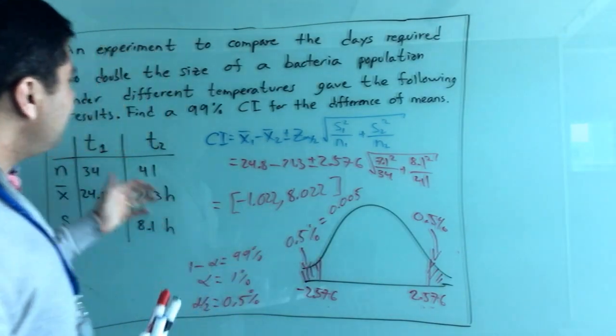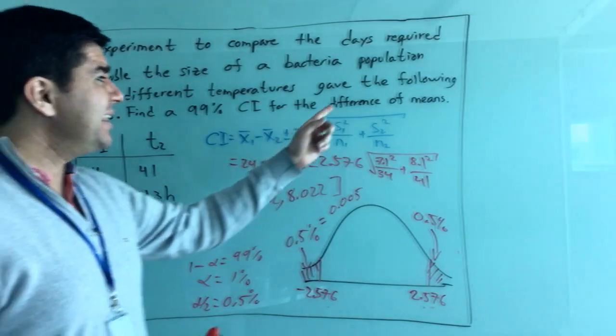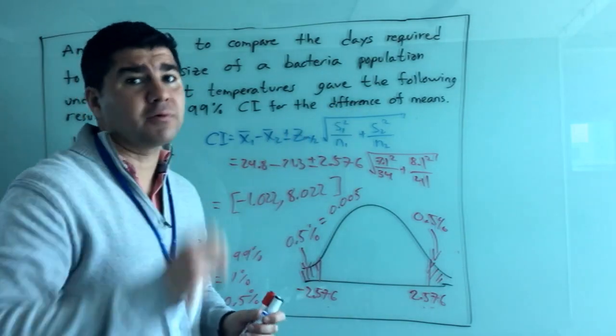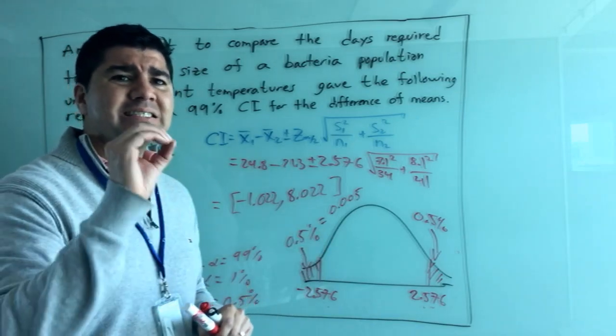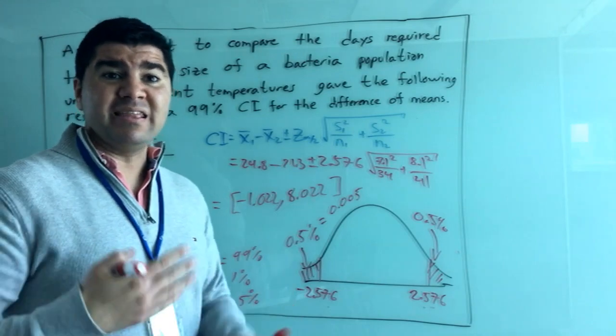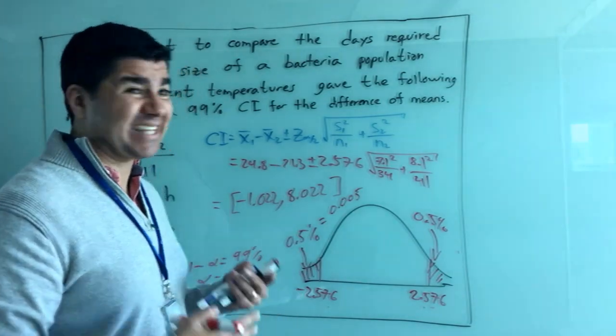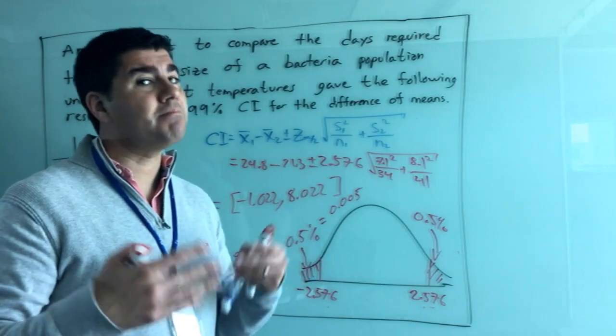If the mean of the first population is the same as the mean of the second population, then this difference should be 0. That means, if we're able to find that 0 is inside of this confidence interval, then the logical result is that statistically both populations have exactly the same mean.